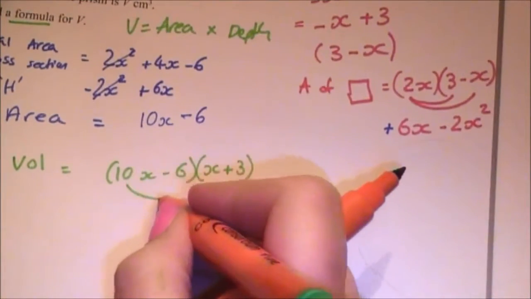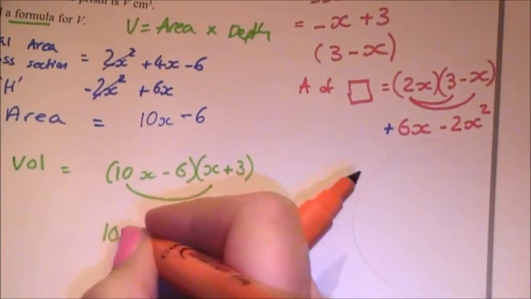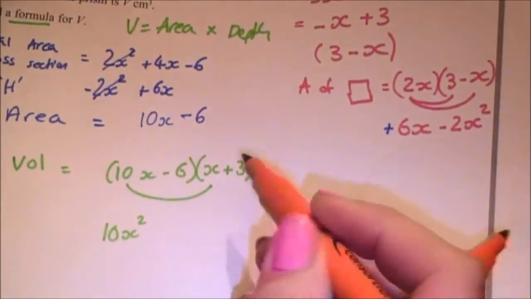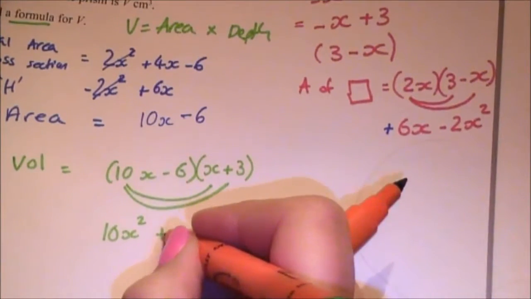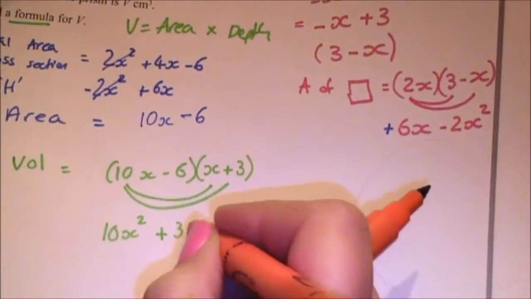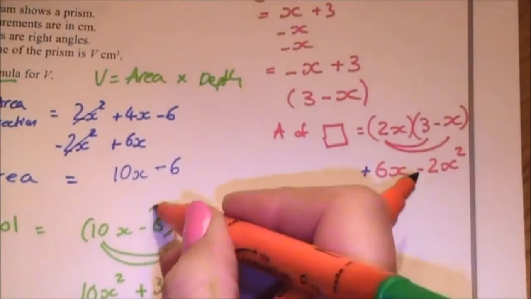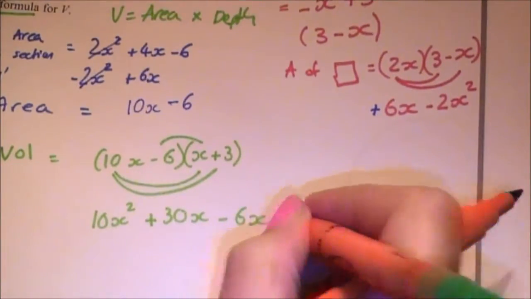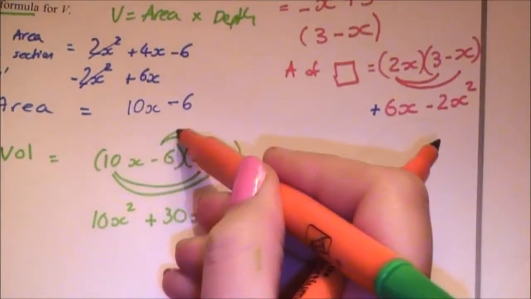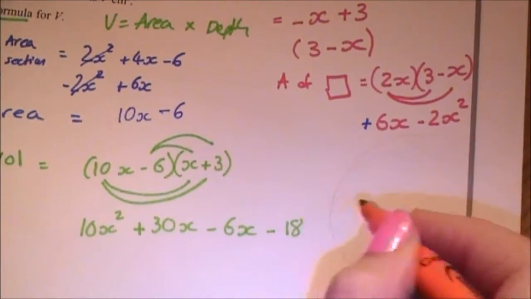It's a good job, I enjoy doing this. 10x times by x is 10x squared. 10x times by positive 3 is positive 30x. Negative 6 times x is negative 6x. Negative 6 times positive 3 is negative 18.